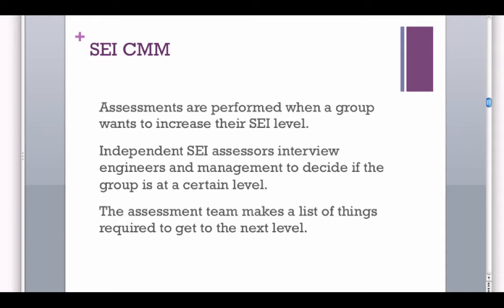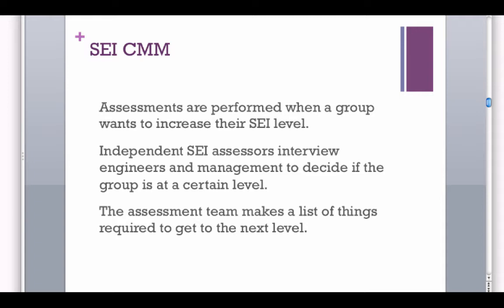Or there are actually people you can hire to come in from outside, and they'll be independent assessors also. Okay. Basically, though, the assessor will tell you where you are, and they'll make a list of things that you need to do to get to the next level. Okay. And generally, what you want to do is get higher and higher up these plateaus.